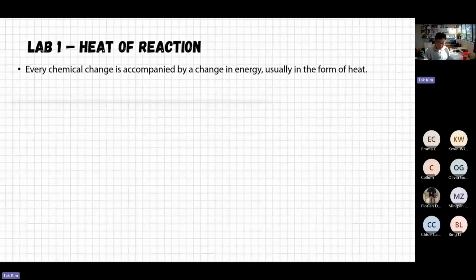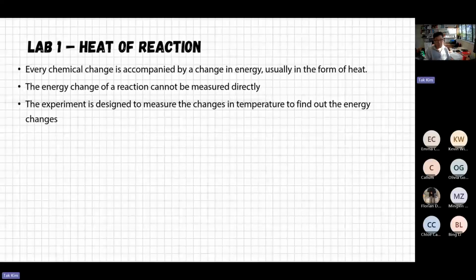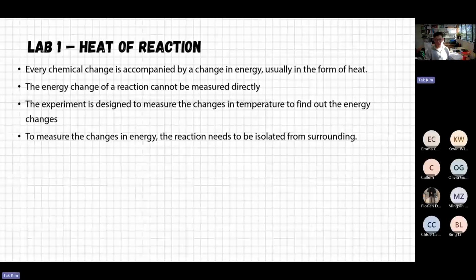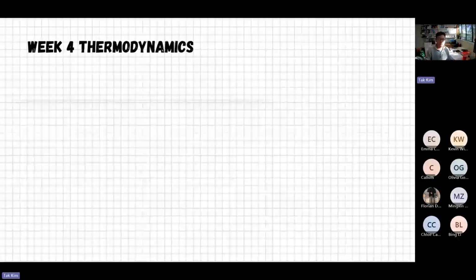I'm going to name it differently because there's another identical file. Anyway, this is what we did, to find out what the reaction can do in terms of energy, right?